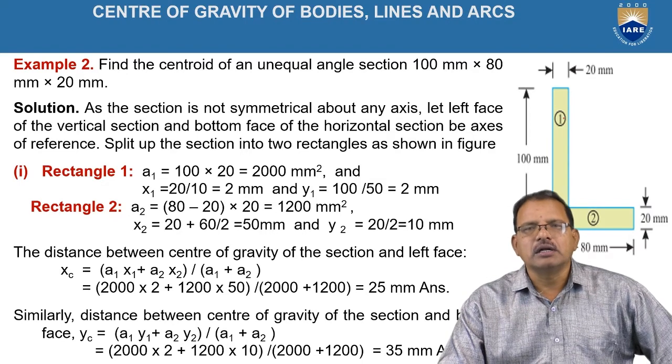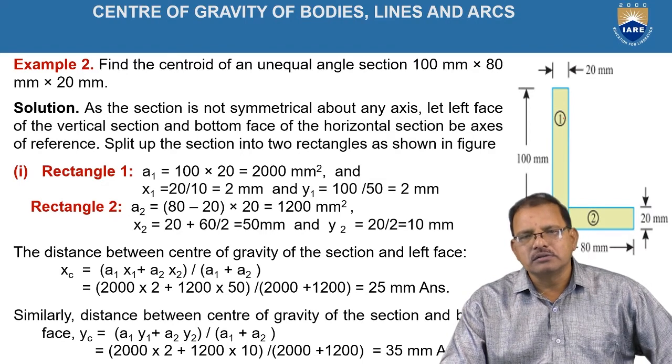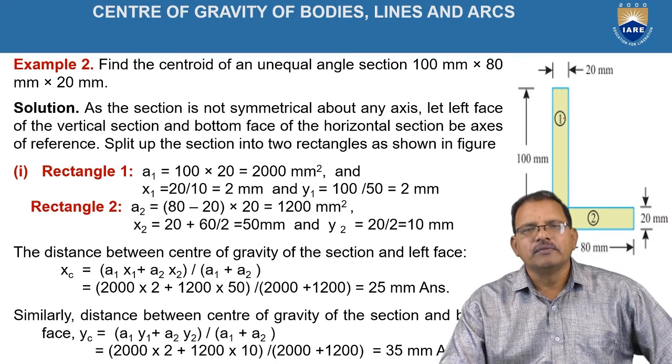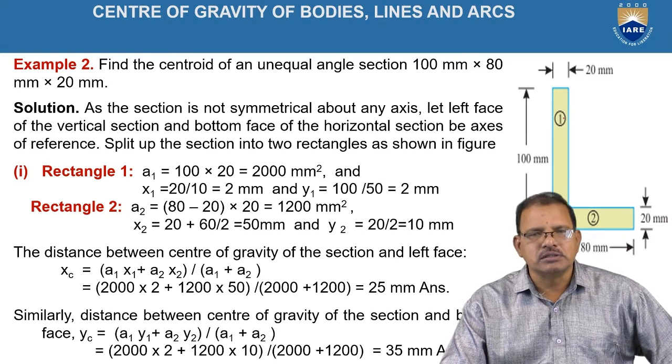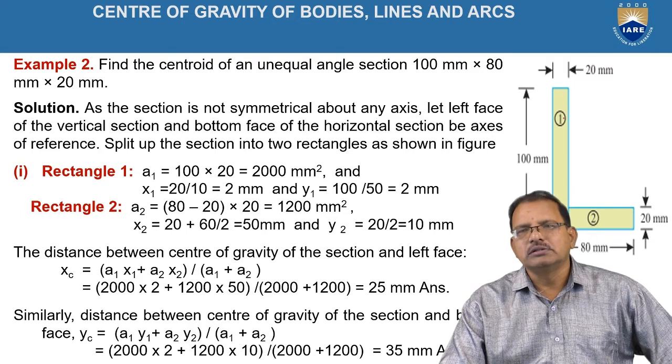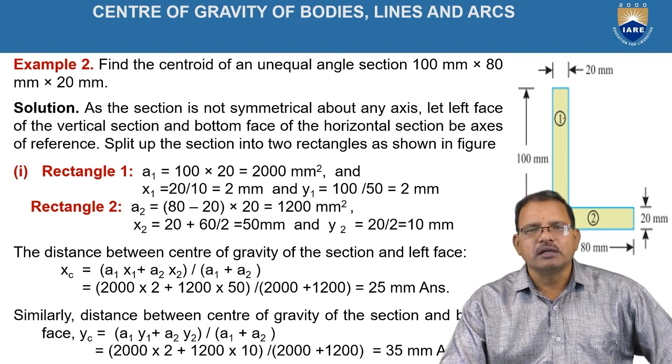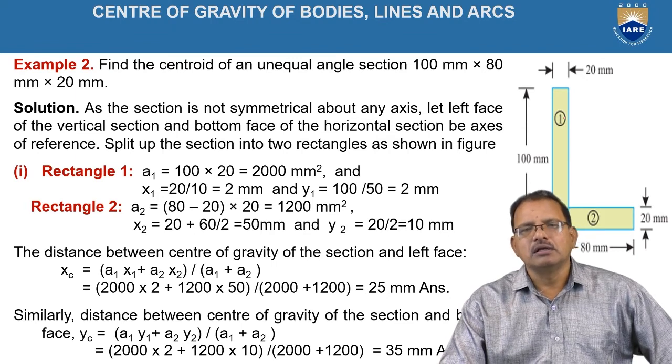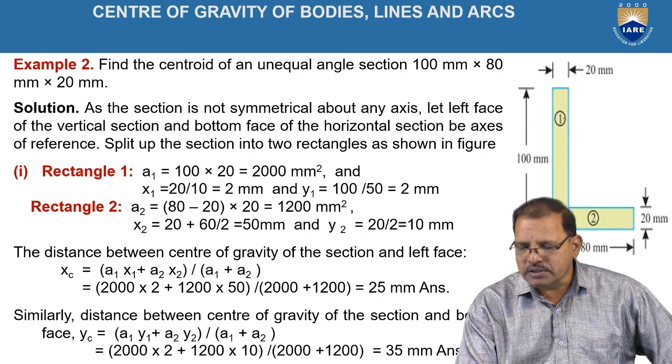Since the object is not symmetrical about the vertical line or the horizontal line, in this case the reference lines are chosen as follows. The x-axis passes through the bottom of the figure, represented here as line AB.